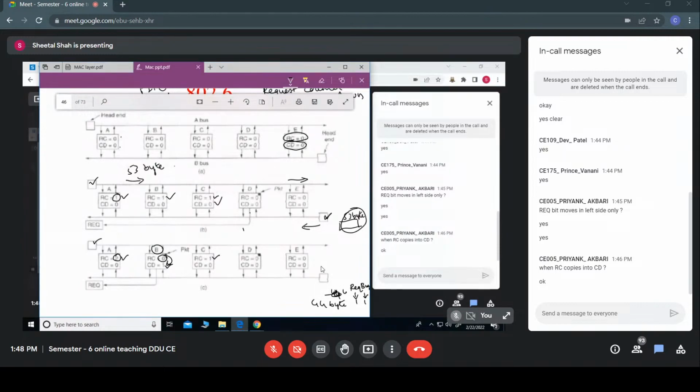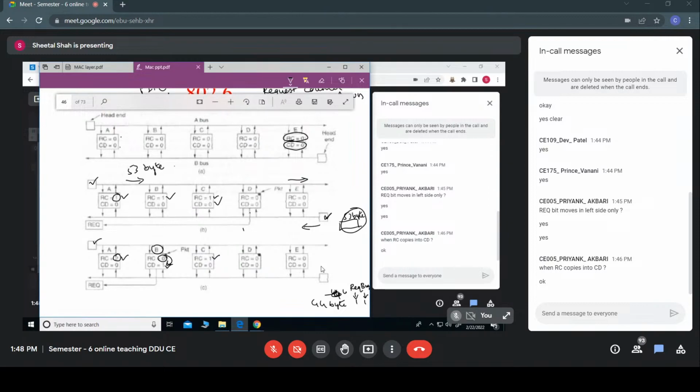When it reaches B, it finds that RC is equal to 0 but CD is equal to 1. That means before my request, one station has already requested, so it would not put its payload data. Again, when that frame moves to station C, here it is 1, indicating that one station has already requested.